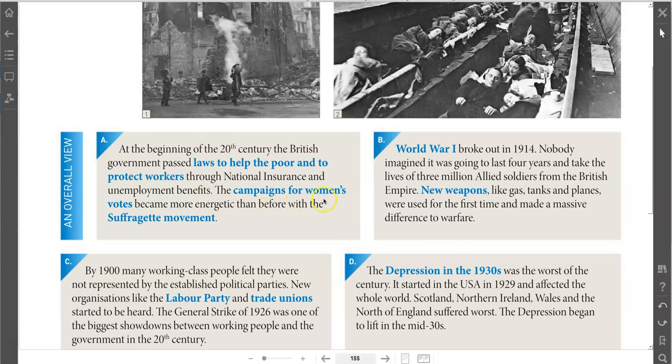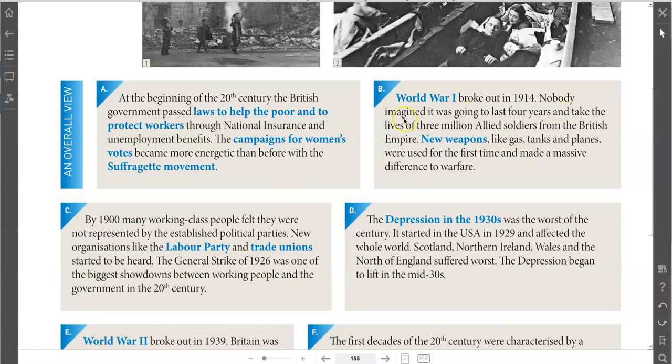The campaigns for women's votes became more energetic, and thanks to the suffragette movement, World War I broke out in 1914. Nobody could imagine it was going to last 4 years. And unfortunately, during the war, 3 million people died.